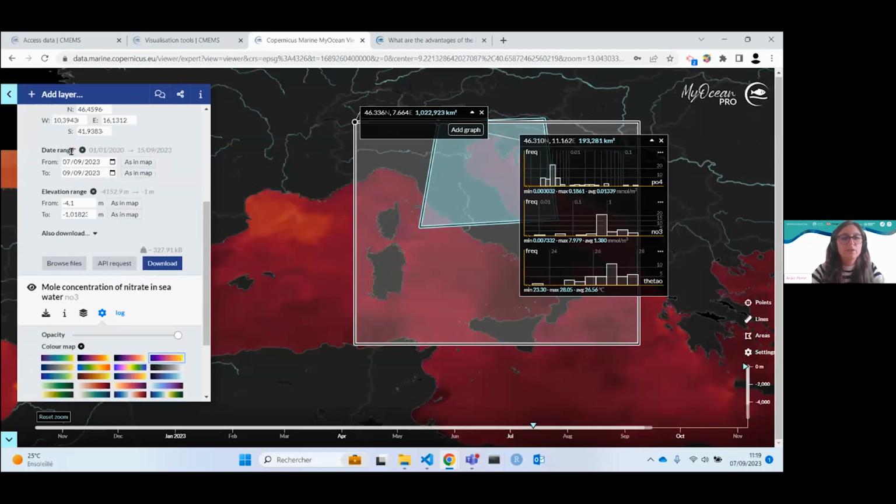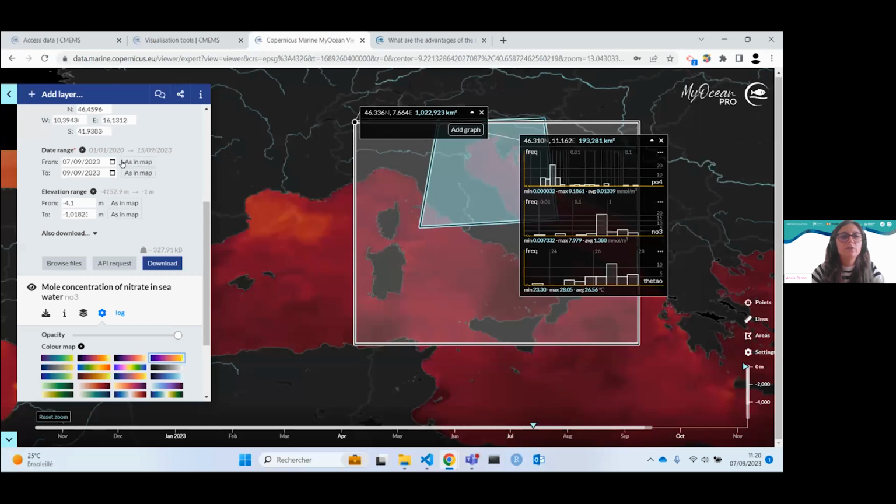In the date range section, you must fill in the time period you are interested in. Next to it, it indicates the time period available for this variable in this project. Be sure to indicate dates included in this one. The same goes for the elevation range here.